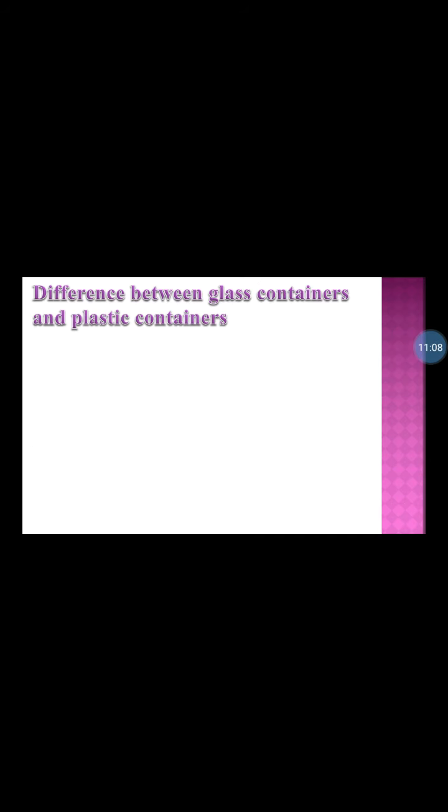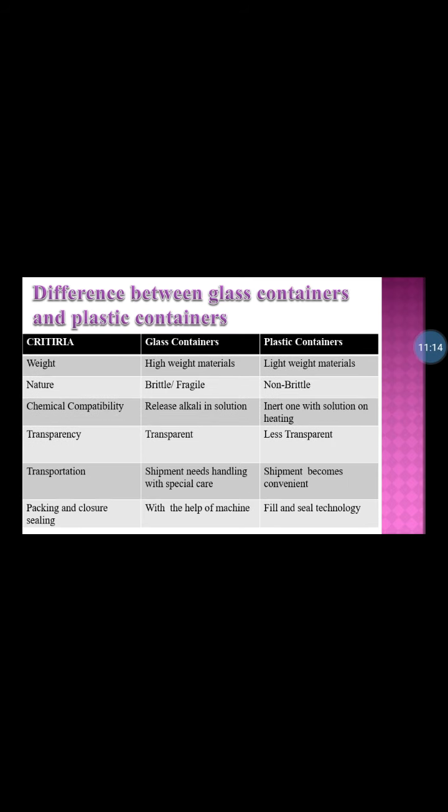So let's see the difference between glass containers and plastic containers. The weight of glass containers is high, and plastic containers are lightweight materials. The nature of glass containers is brittle or fragile, but plastic containers are non-brittle.